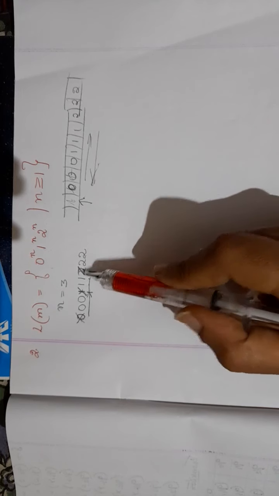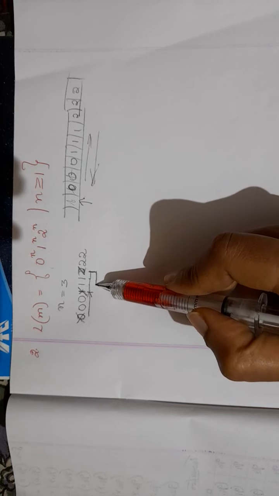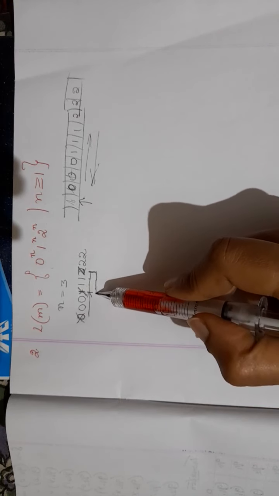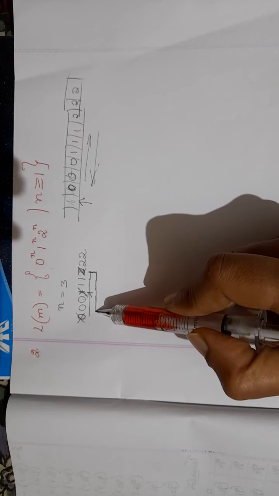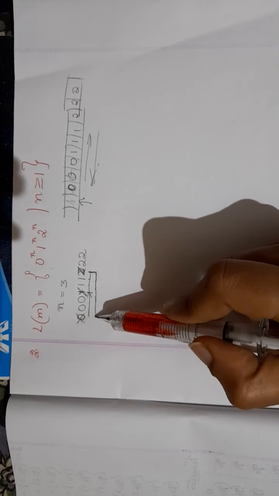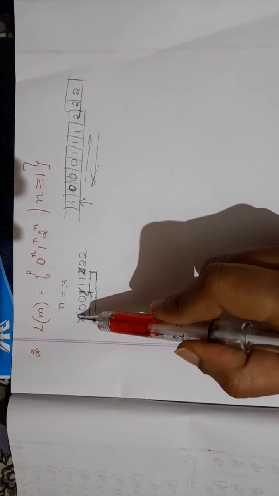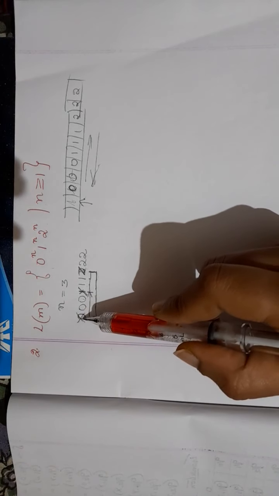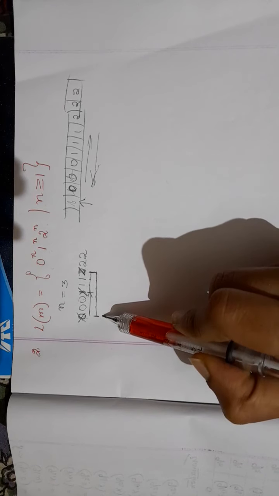You are reading 1, move left; reading 1, move left; reading y, move left; reading 0, move left; 0, move left. Now you are reading x. Since you are reading x, you have to stop. After stopping, what are you supposed to do? Keep x as it is, since you have replaced 0 already, and then change the direction now.